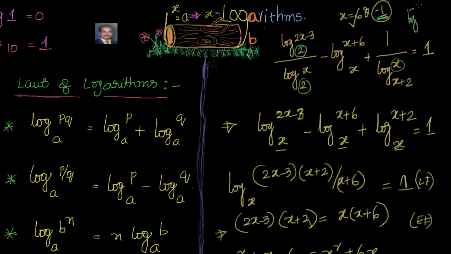So log of minus 5 to the base 2 means you are saying minus 5 is equal to 2 to the power of x, which is undefined, right? Very clear here. If x equals an integer, the value will be positive. If x is a fraction also, the value will be positive, but never will the value be negative. So minus 1 is ruled out. x equal to 6 is the solution.